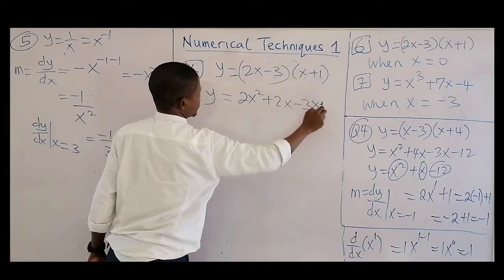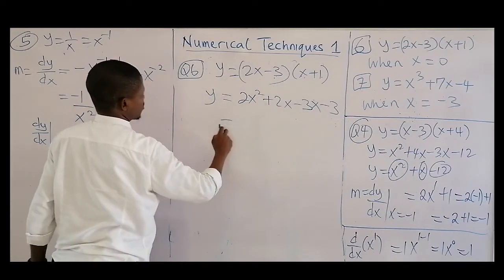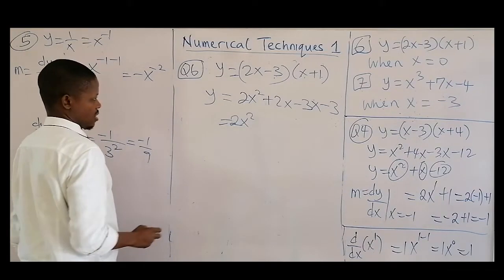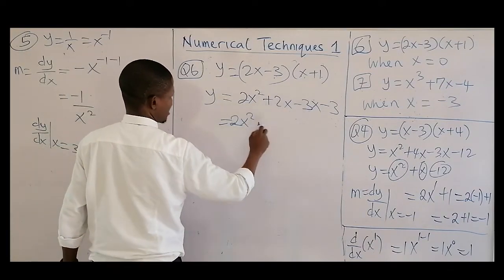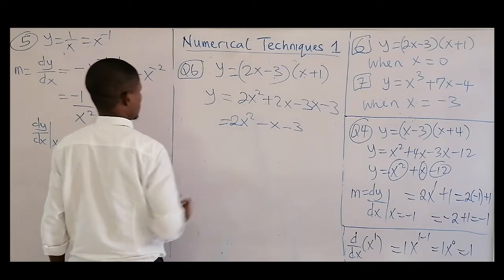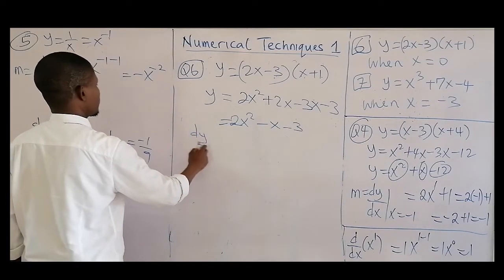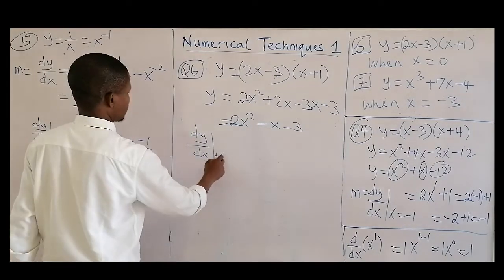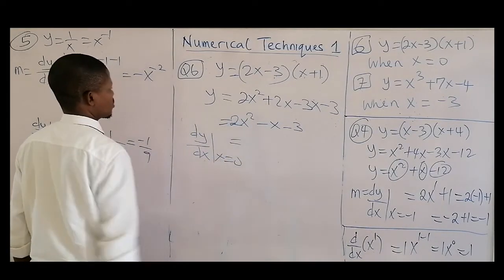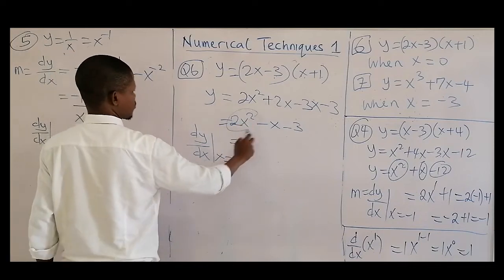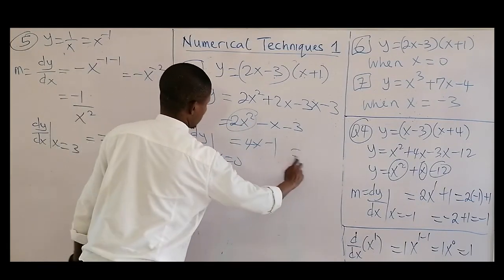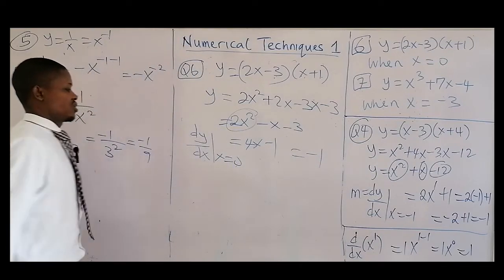Minus 3 times plus 1, that's minus 3. So that will be equal to 2x squared minus x minus 3. Let's get the derivative for the gradient at x is equal to 0. If you differentiate this one, that will be 4x minus 1. So the answer is minus 1 at x is equal to 0.